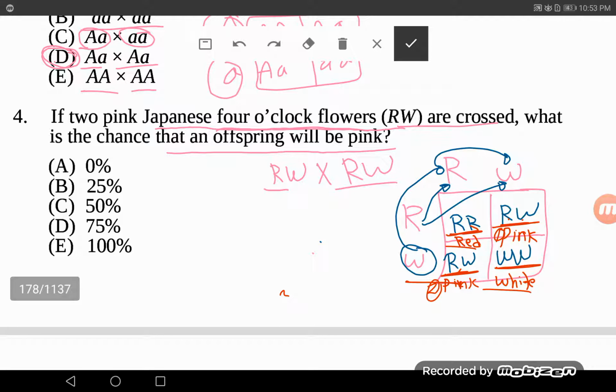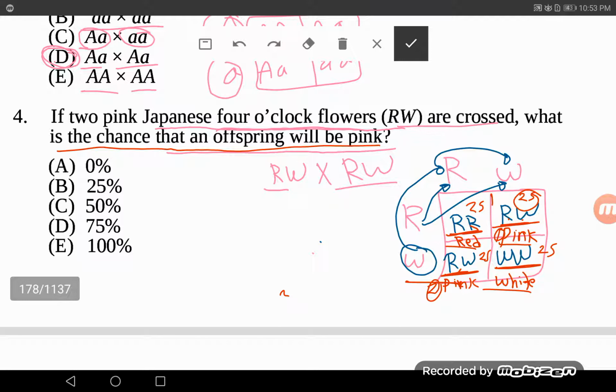So the question says, what is the chance that an offspring will be pink? The chance of being pink is 50%. As we see, each square that we have is about 25%, and this is 25%.